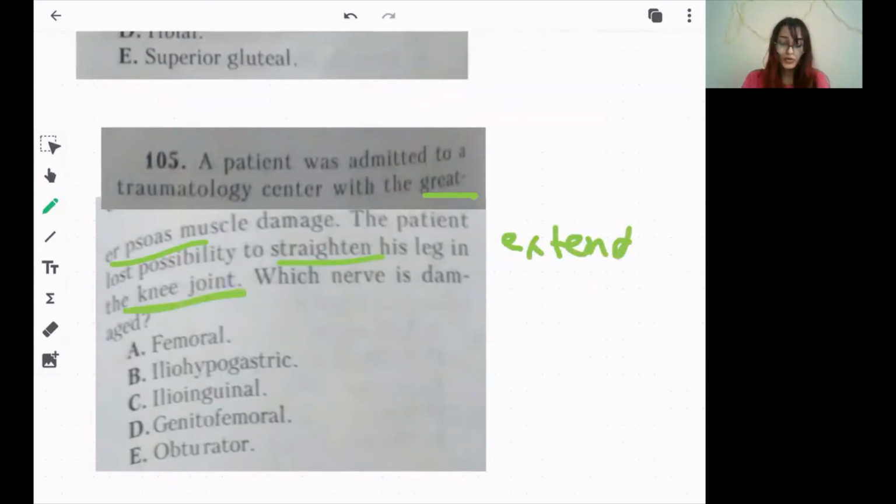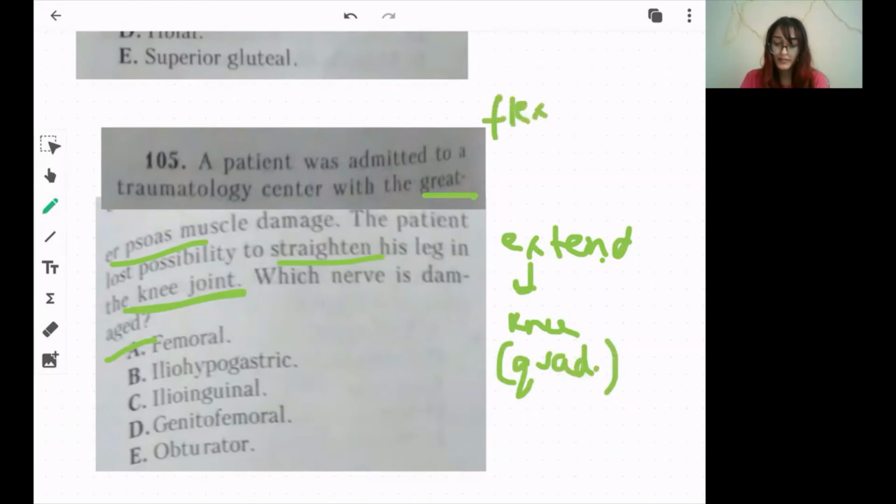So I already told you that femoral nerve causes extension at the knee joint, that is by the quadriceps femoris muscle, but flexion at the hip joint is caused by the iliacus, and you can see the psoas major as well, the iliopsoas muscle.